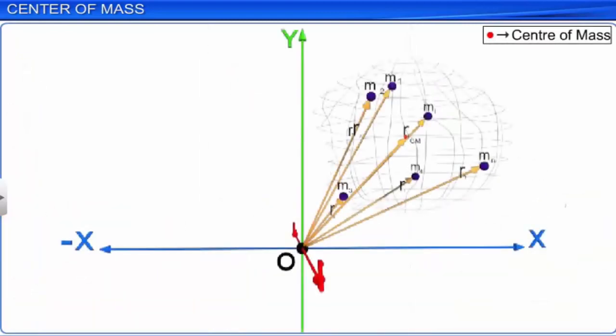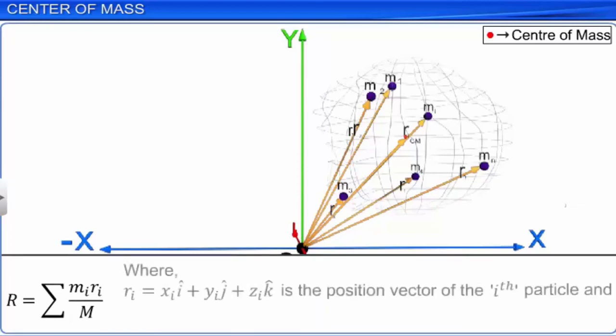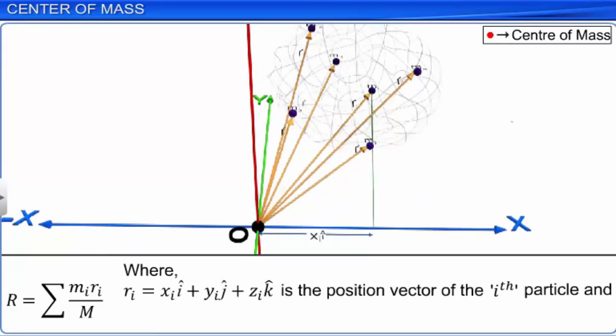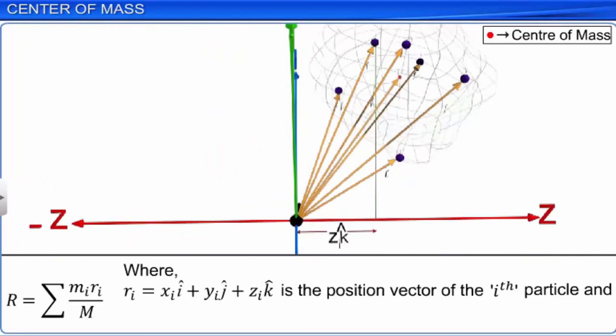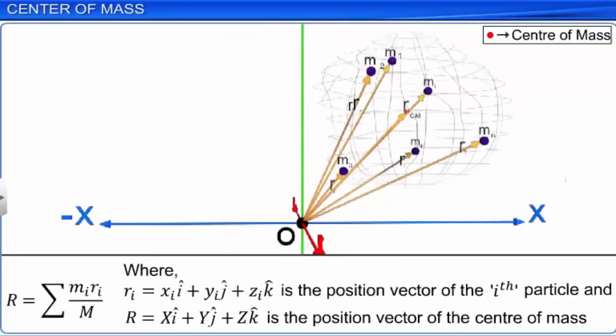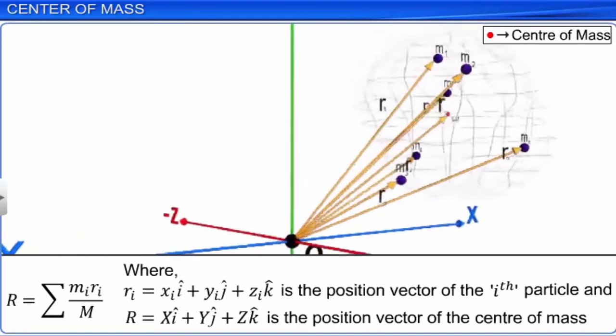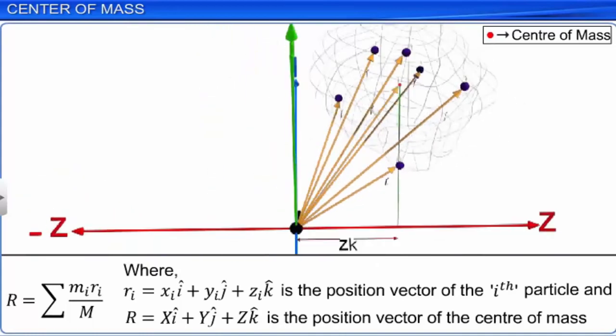In vector notation, the position of the center of mass of a given system of particles is given by R is equal to sigma mi ri by M, where ri is equal to xi i plus yi j plus zi k is the position vector of the ith particle, and R is equal to x i plus y j plus z k is the position vector of the center of mass.